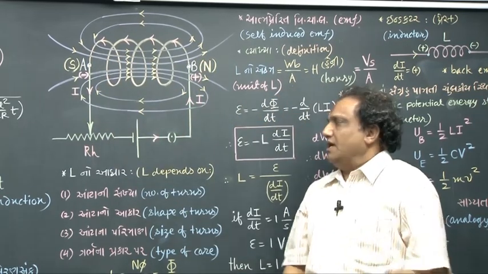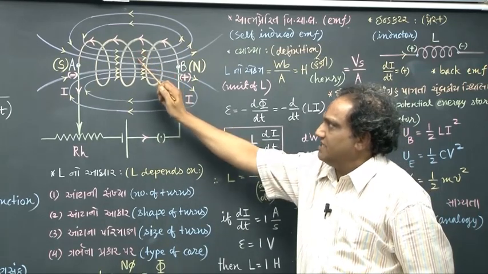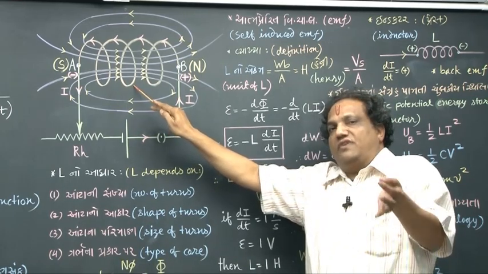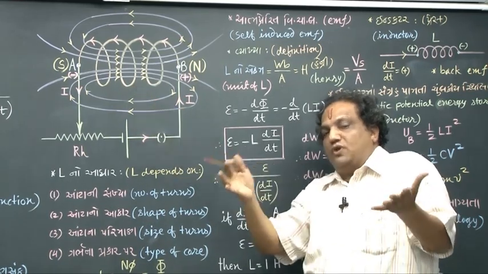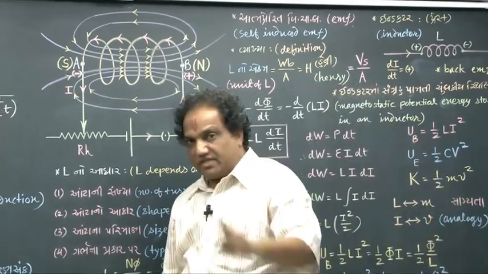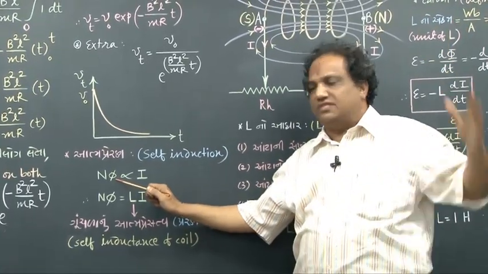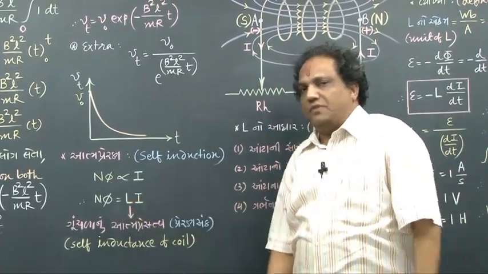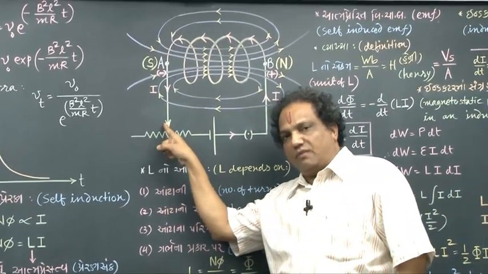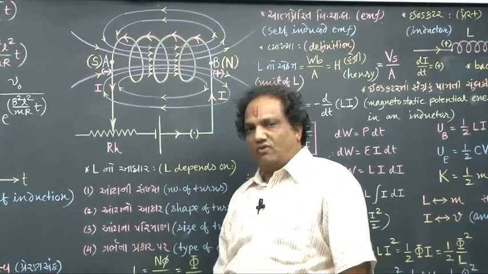Fine. Now tell me, all the field lines are passing compulsorily through this coil. When all the field lines are passing through the coil, you can say the coil will have some magnetic flux. If magnetic flux linked with 1 turn is phi, then for N turns it will be N into phi. Now tell me, if I move the variable terminal of the rheostat towards the right-hand side this way, what will happen?